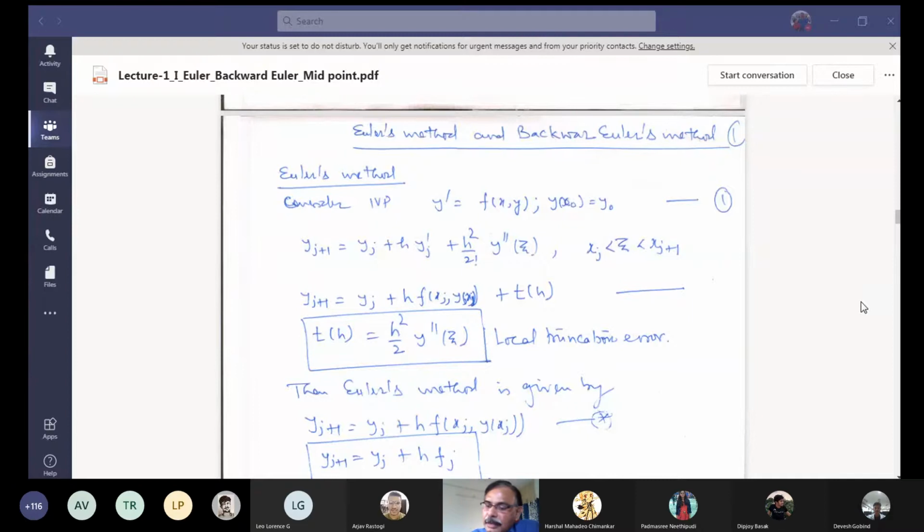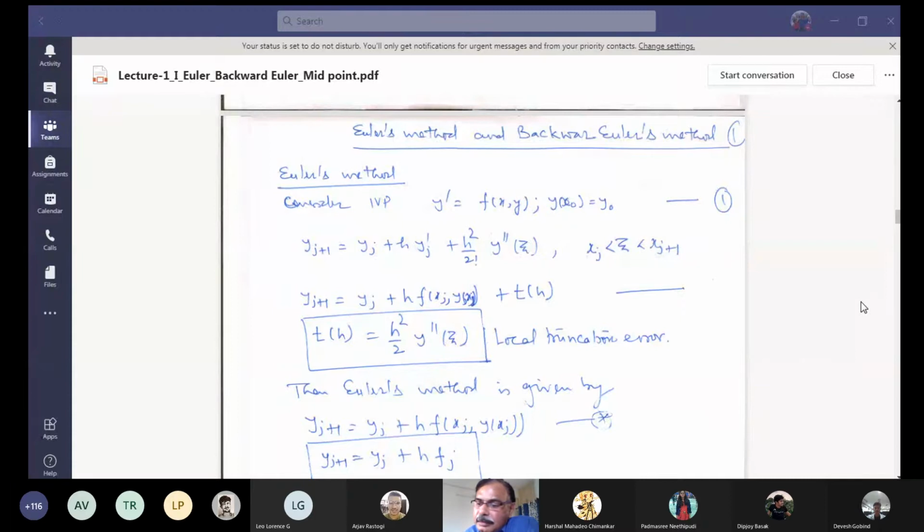It will be y of xj plus h y prime of xj, and then plus h square by 2 factorial y double prime, which I will truncate here itself, y double prime of xi, where xi will lie between xj and xj plus 1. Is that right?